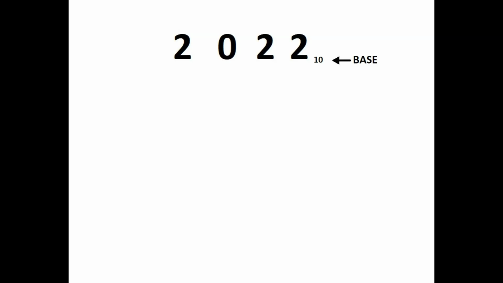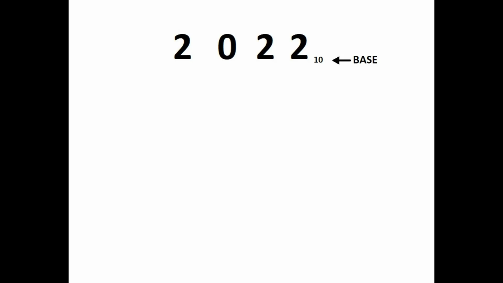So this number is base 10, so it's a decimal number. We are used to seeing the decimal numbering system all day, every day, so we seldom mark it as base 10 in this way. But we will use the notation for this example so we have something to compare to when we look at other number bases.